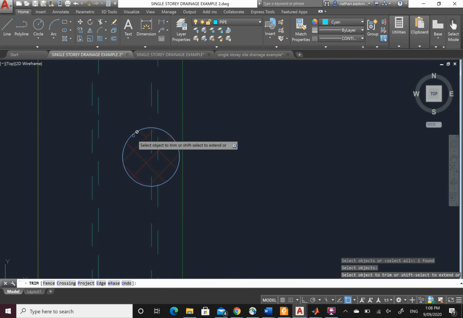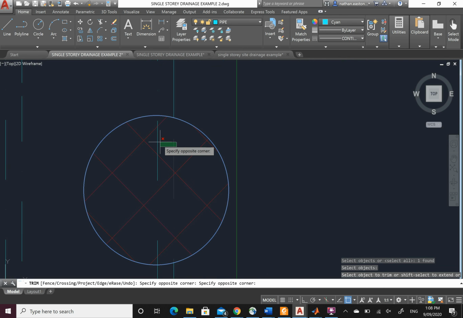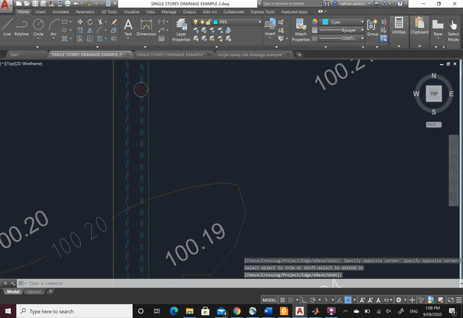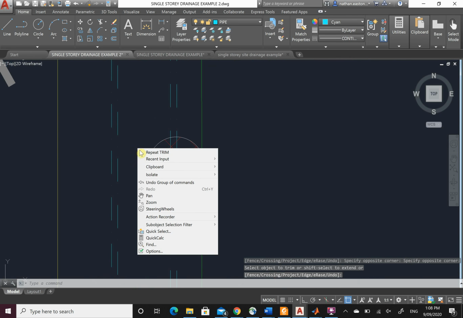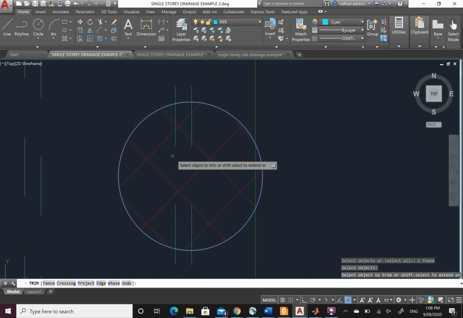Trim here. What are we trimming? Let's trim these two. Trim again. Let's trim these two.